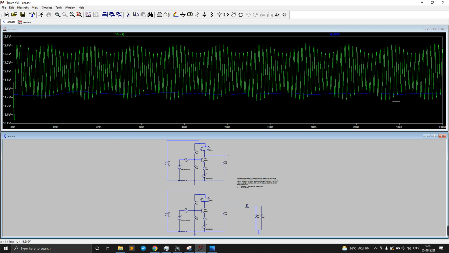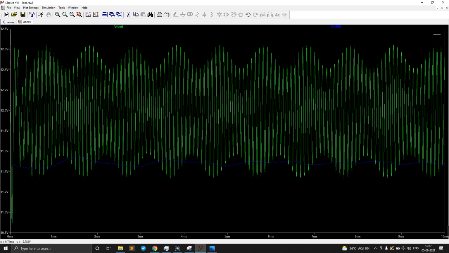This is the demodulator circuit, and when we come to its different values, I'm just going to zoom this waveform. We have the modulation index, that is mu, which equals A max minus A min divided by A max plus A min.